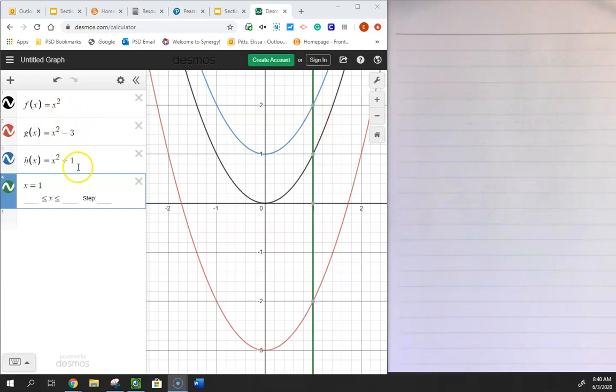And all of these just differ by a constant. What that theorem is saying is that if the derivatives are equal, the two functions have to only differ by a constant. And I could put any constant here on the end, positive or negative, and those derivatives would be equal, which would mean the slope would be the same at each x value. And so this is just a vertical shift up or down.